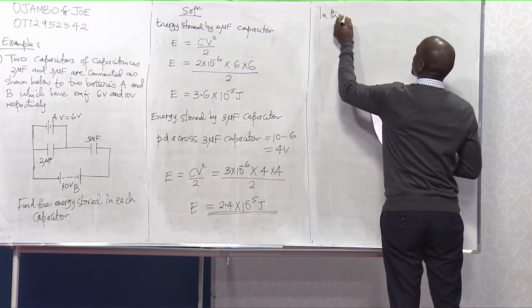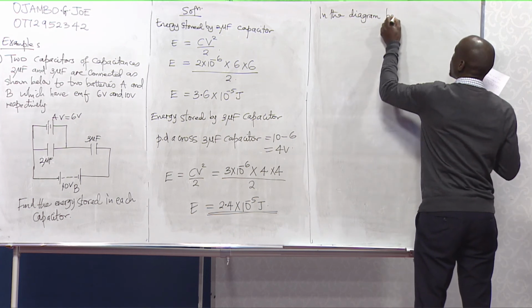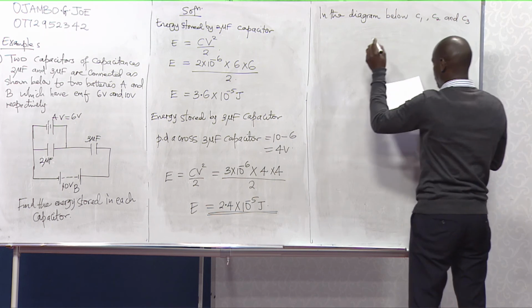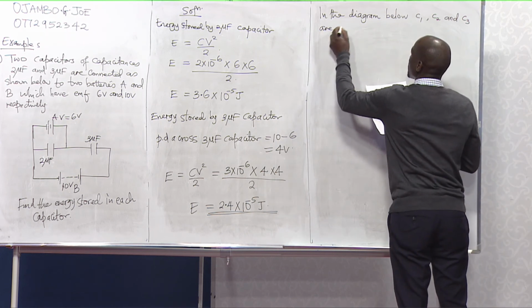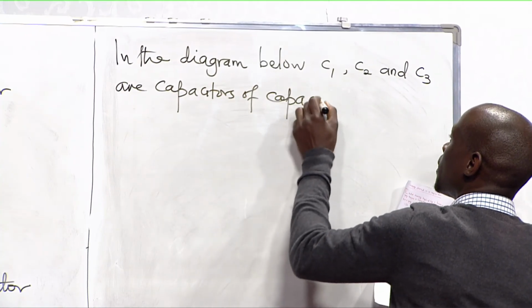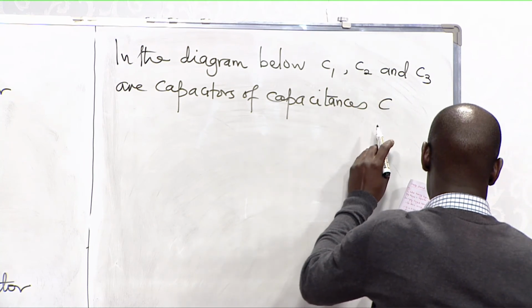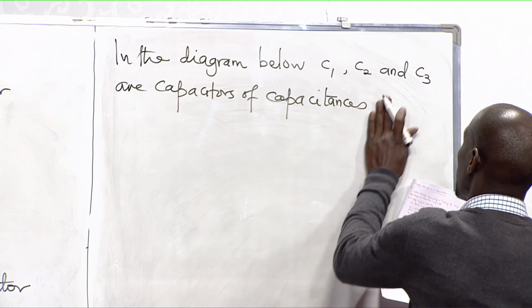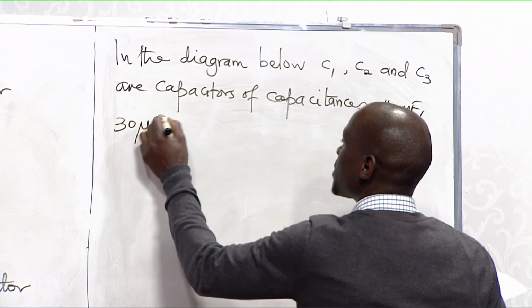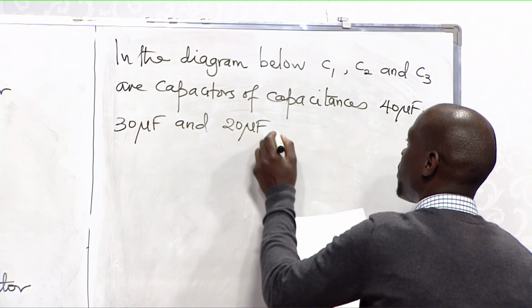In the diagram below, C1, C2, and C3 are capacitors of capacitances 40 microfarads, 30 microfarads, and 20 microfarads respectively.